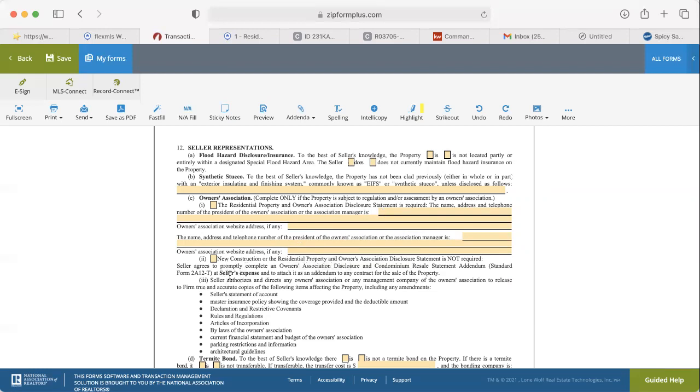Then number 2, new construction or the residential property disclosure association disclosure is not required.